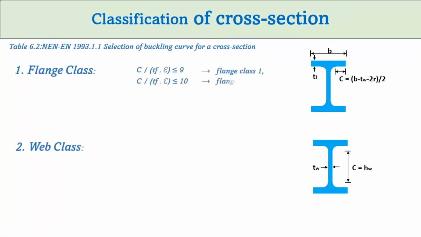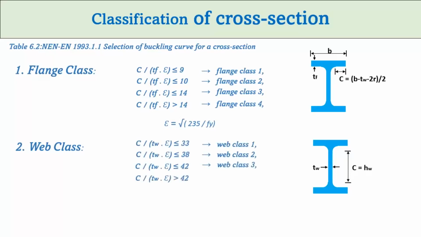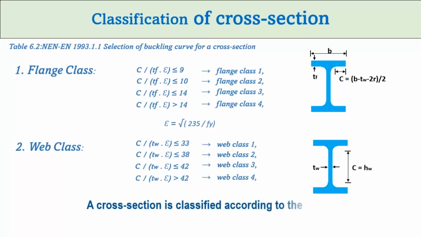Flange class depends on the ratio between the c of the flange and its thickness. Web class depends on the ratio between the c of the web and its thickness. The highest class is taken as the class of the cross section.